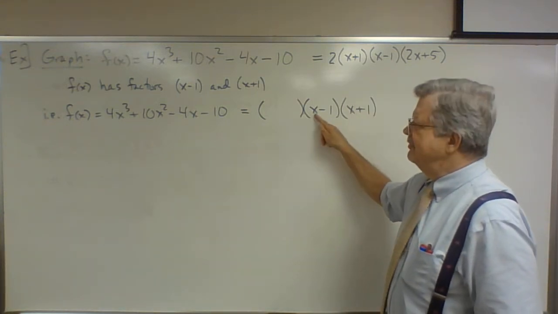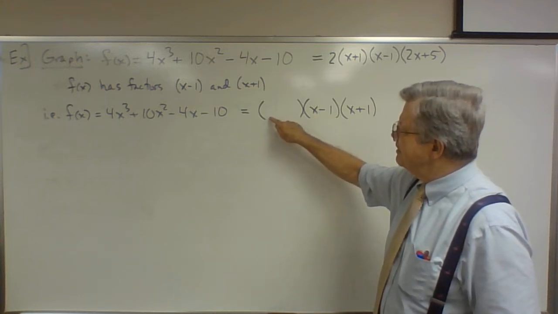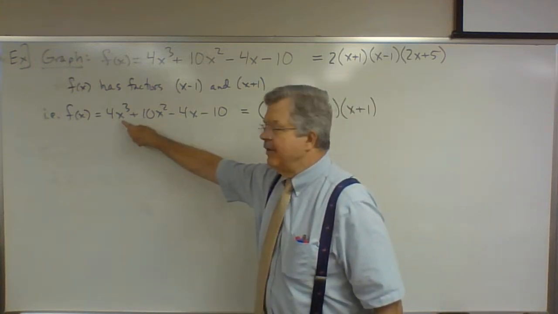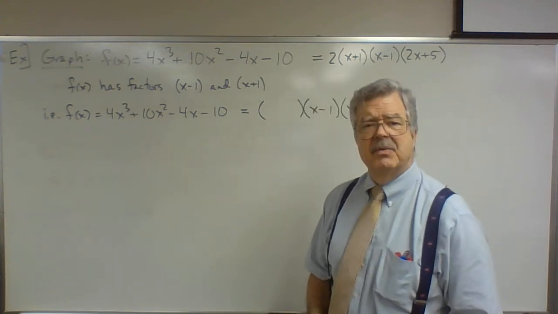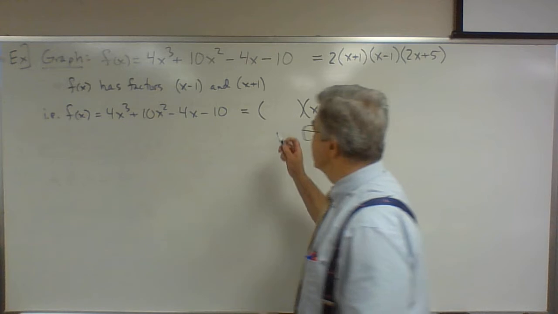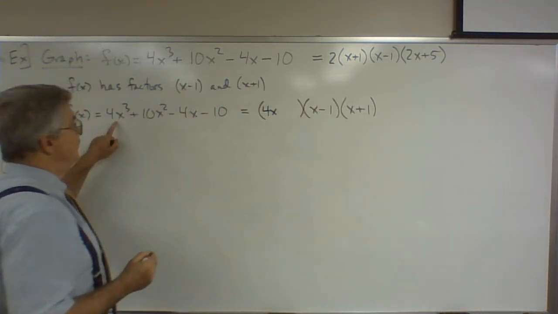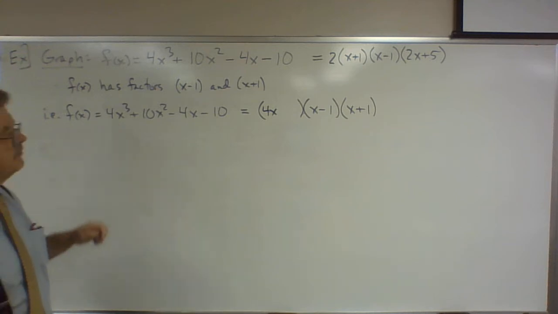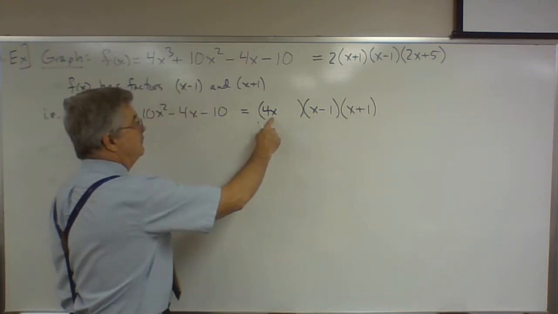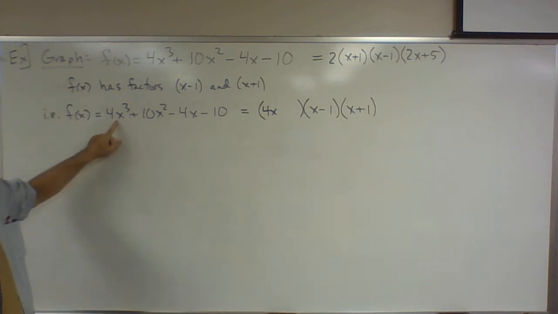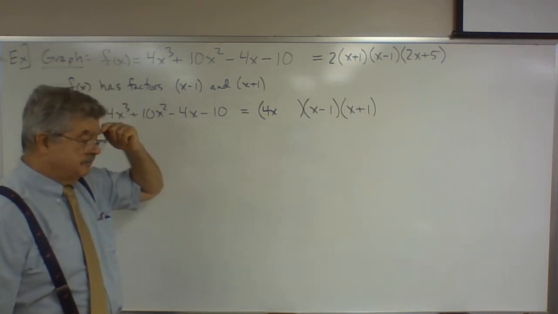X squared times what gives us 4x cubed? X squared times 4x gives us 4x cubed. Is that right? X squared times 4x is 4x cubed.